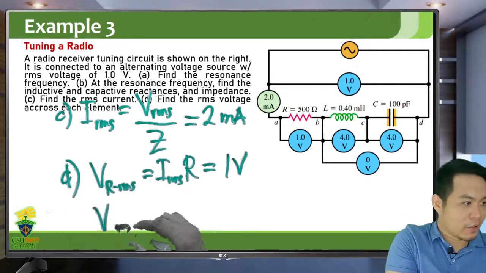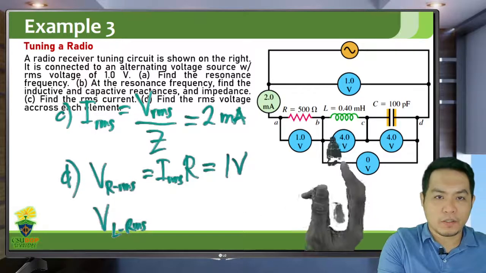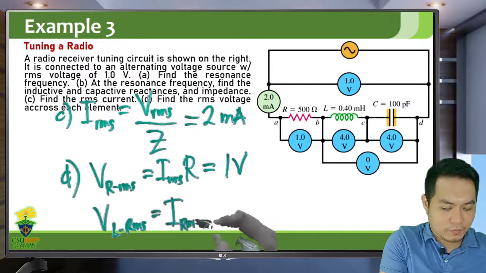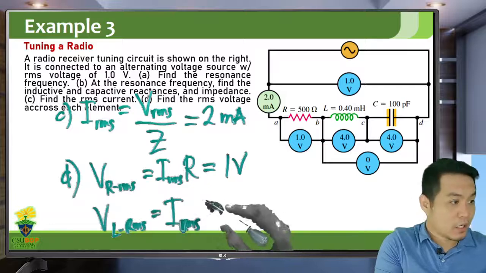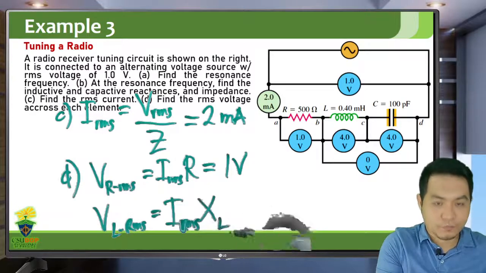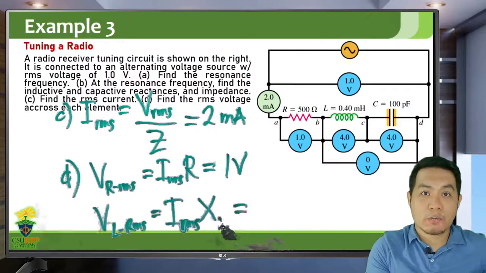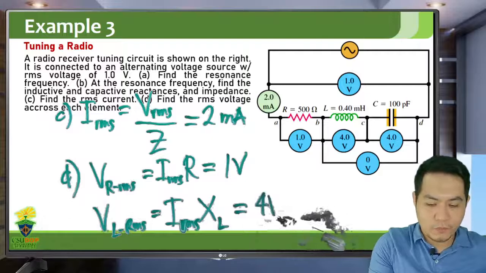And for the VLRMS across the inductor, it's IRMS times XL. So 2 milliamperes times XL, which we obtained as 2000 ohms, gives you 4 volts.